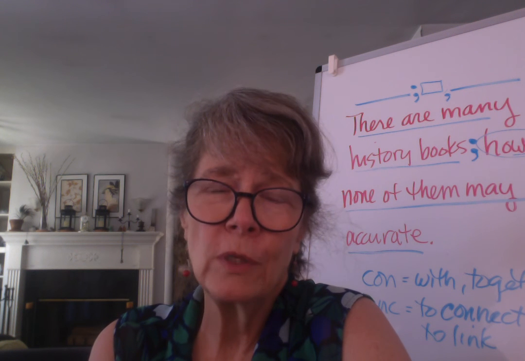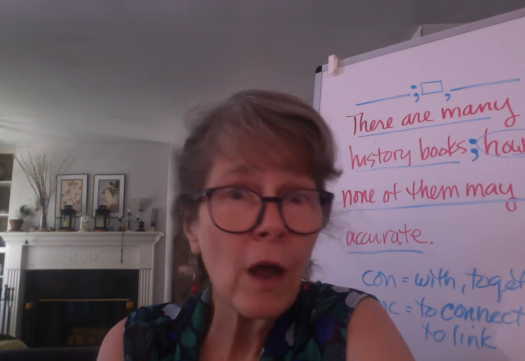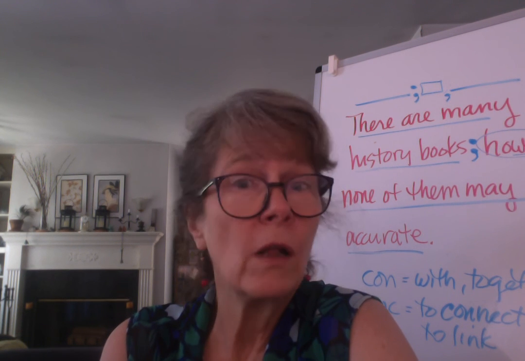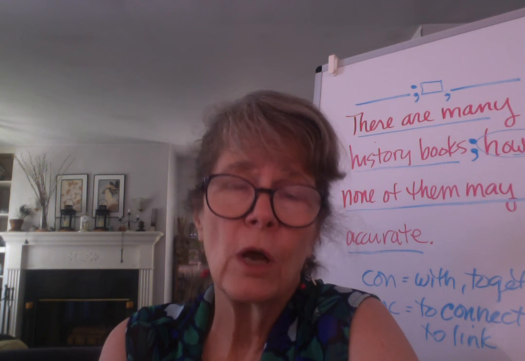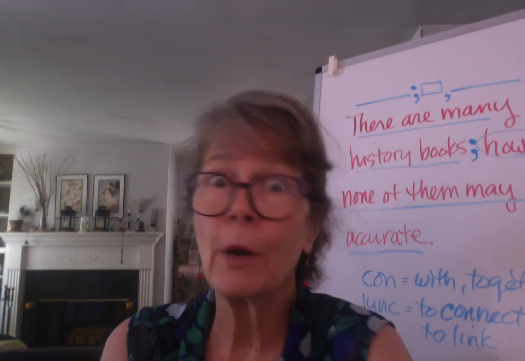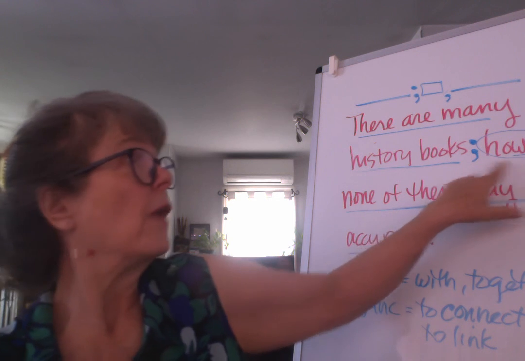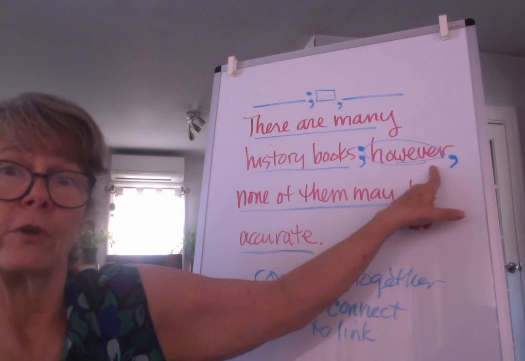They tend to be words that are used more in more advanced things like legal documents or contracts, things like that, college textbooks, right? So we're not going to worry about them too much. All we want to worry about is the punctuation rule, the semicolon before and the comma after. The semicolon before the conjunctive adverb and the comma after.